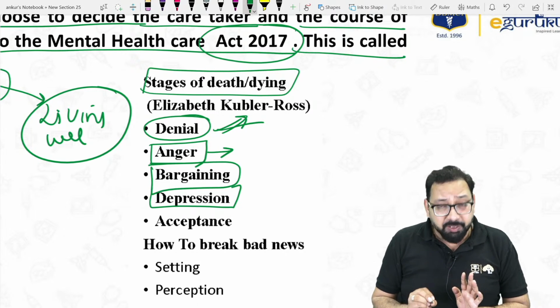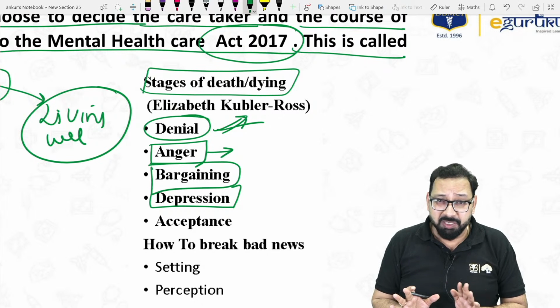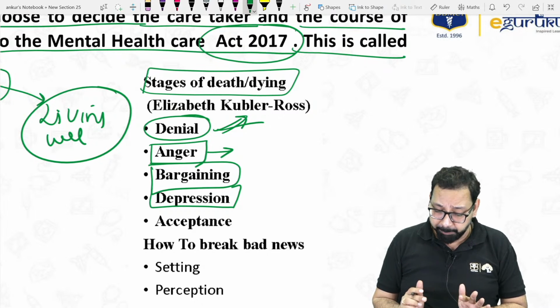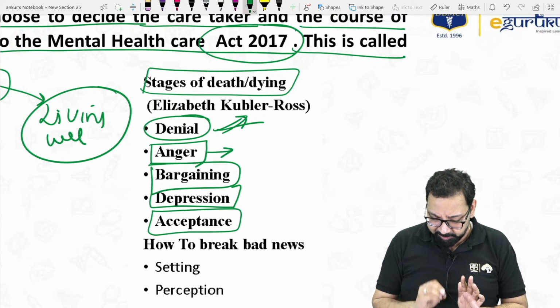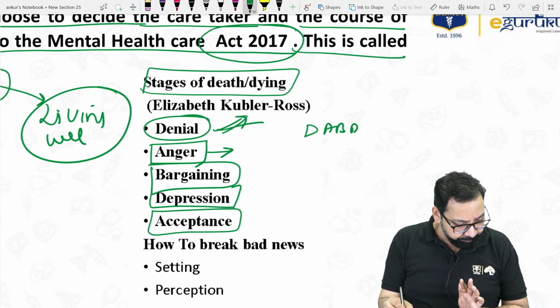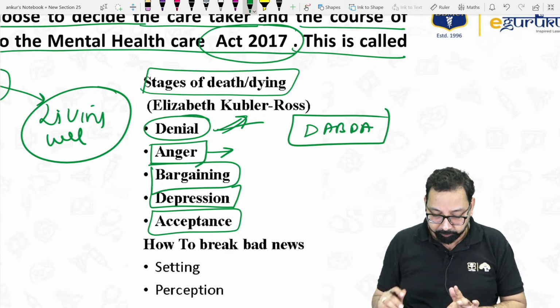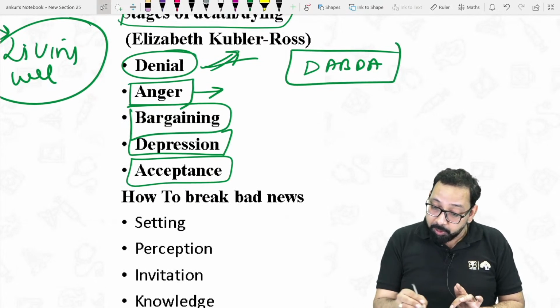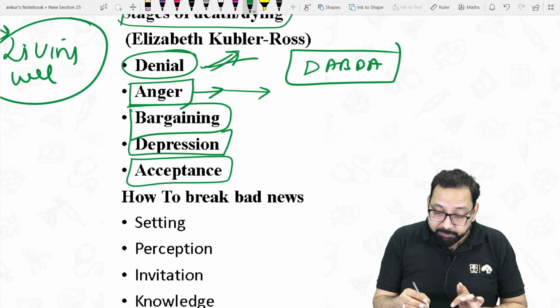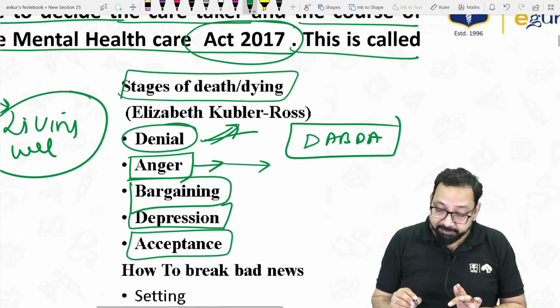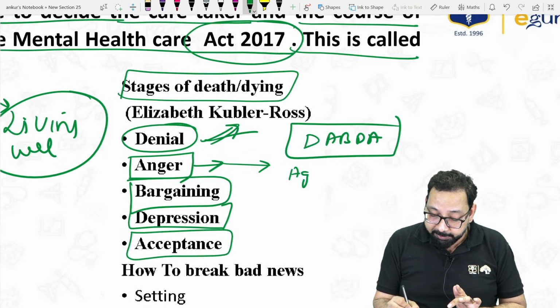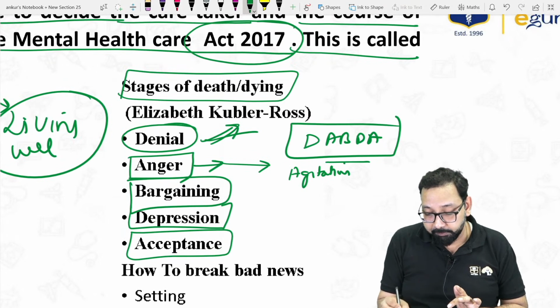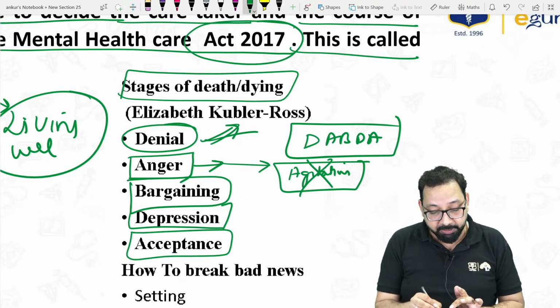Then the patient comes to know that he can't be saved, he goes into depression. After some time he will accept. This is DABDA. A question was asked which is not a part of the stages of death and dying, and they gave agitation. Agitation is not part. That is anger.